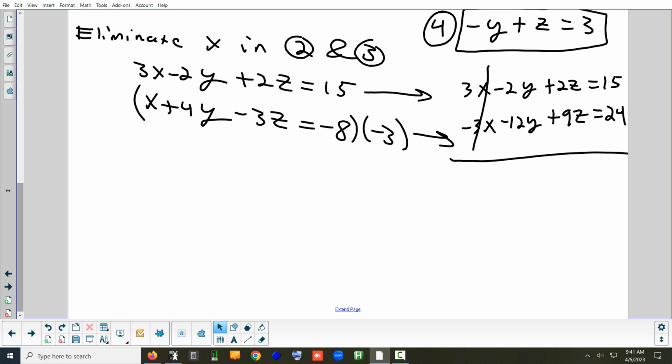X's are gone. What do I get for my y's? Negative 14y. For my z's, I'm going to get 11z. And for my constant, I'm going to get 39.